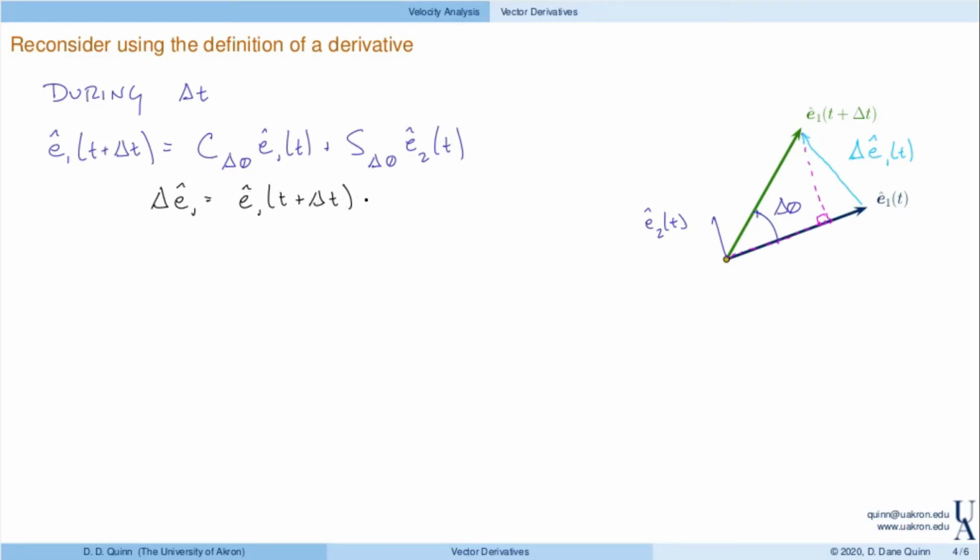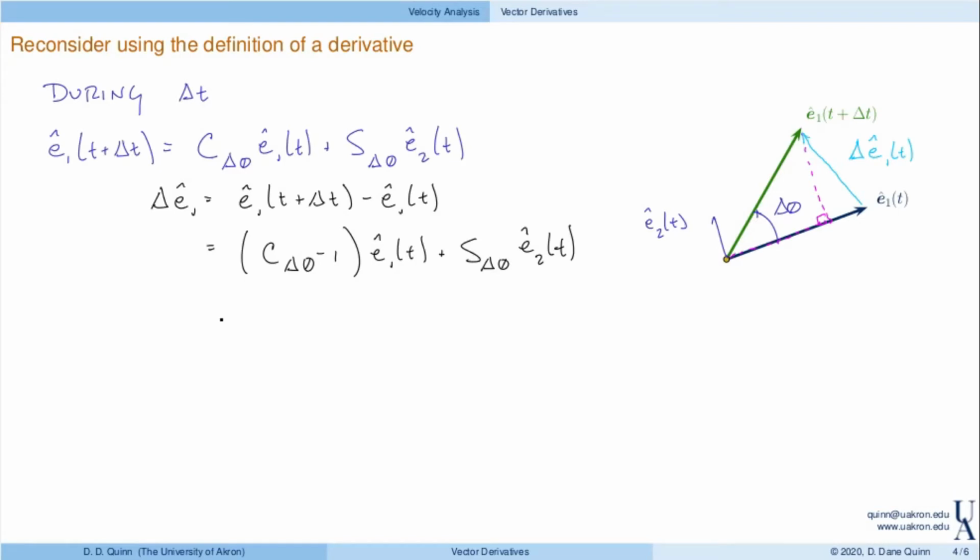It's just the difference between the position vectors E1 at these two times. And here, we can take this, substitute in, and I get cosine of delta theta minus 1 in the E1 direction, plus sine of delta theta in the E2 direction.